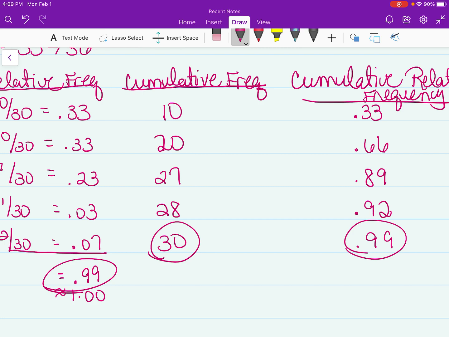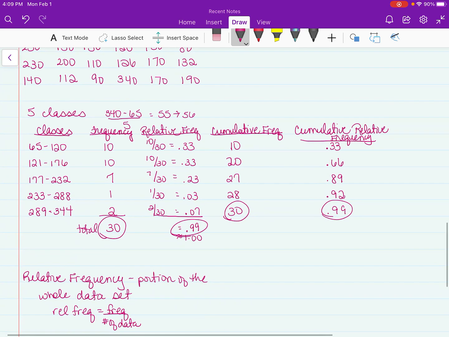So that gives you an idea of everything you will find in a frequency distribution table. You'll be asked to find the class width. You'll be asked to create the lower and upper limits of each class, count the frequency that is involved in each class, calculate the relative frequency and the cumulative relative frequency that goes along with each of those.